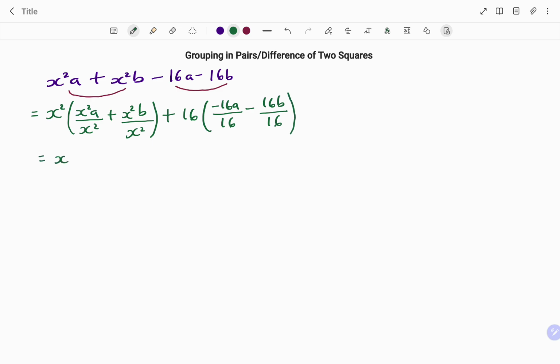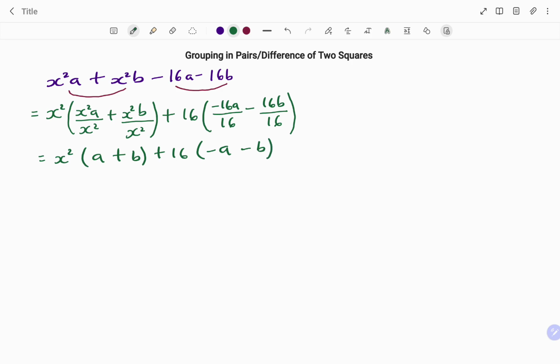That will be x squared. I'm left with x squared divided by x squared, that's 1. That's A plus B. Plus 16 in bracket, 16 divided by 16, that's 1. So minus A minus B.